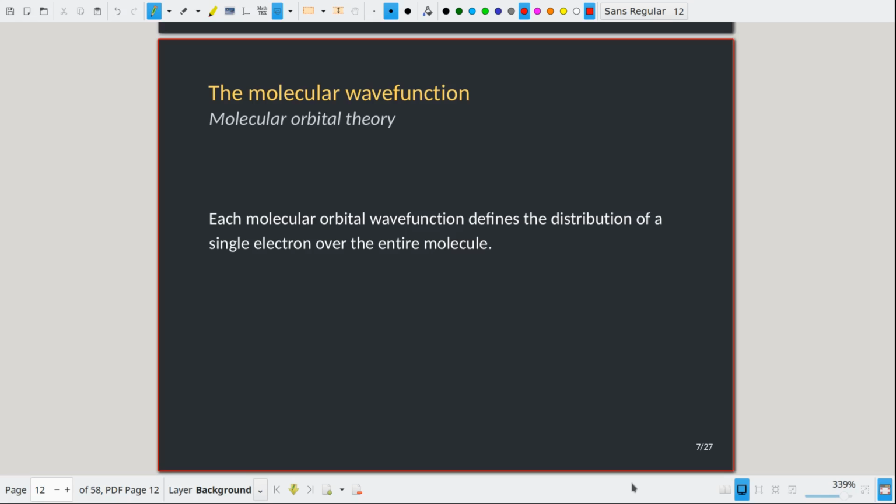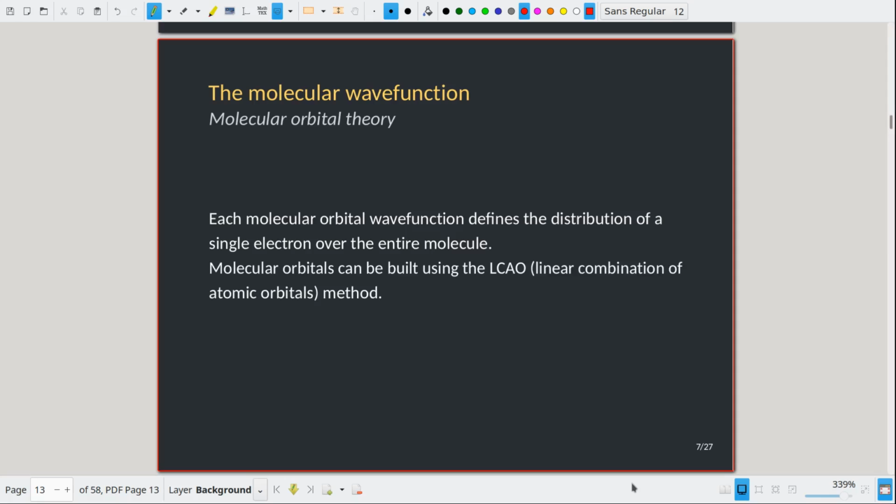And molecular orbitals can actually be built using a linear combination of atomic orbitals. Okay, and this is indicated by this acronym that you see in this slide.